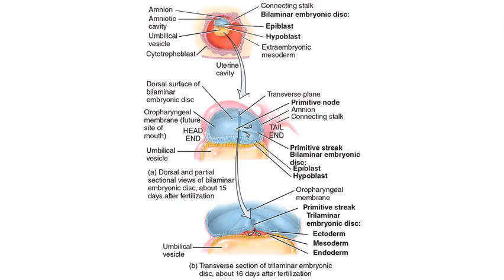Once those cells have invaginated, some of them displace the hypoblast and form the endoderm. Other cells remain between the epiblast and the newly formed endoderm to form the mesoderm. Cells remaining in the epiblast then form the ectoderm. The ectoderm and endoderm are epithelia, which are composed of tightly packed cells.